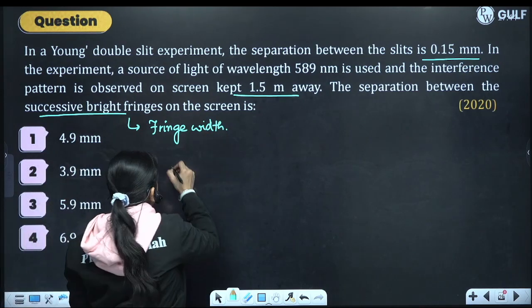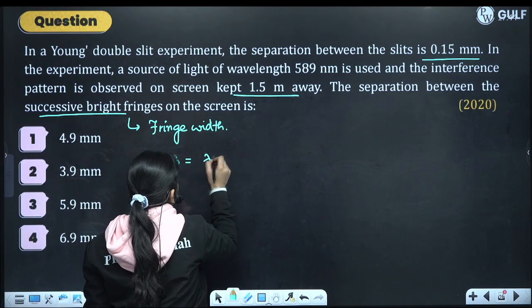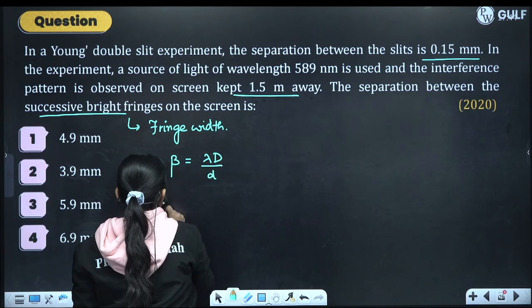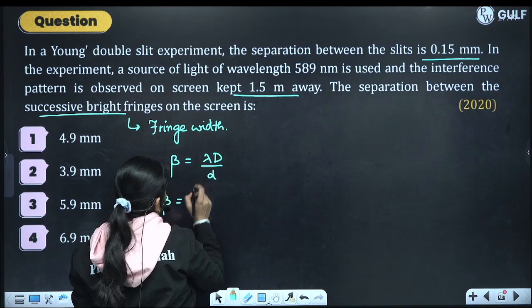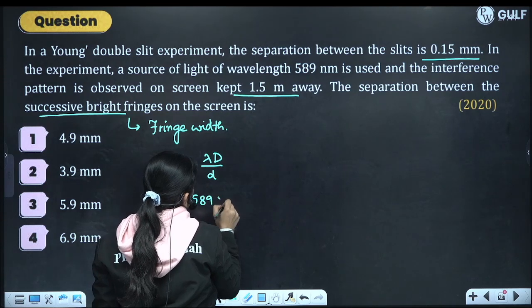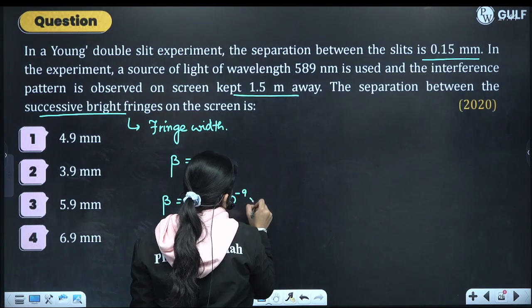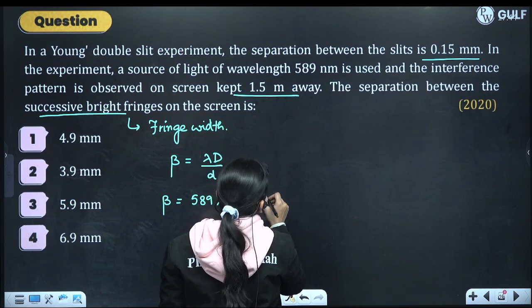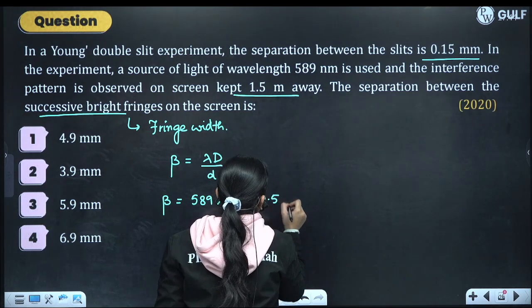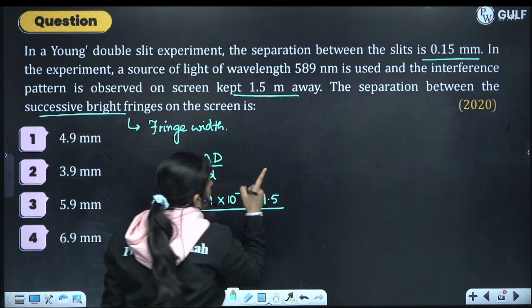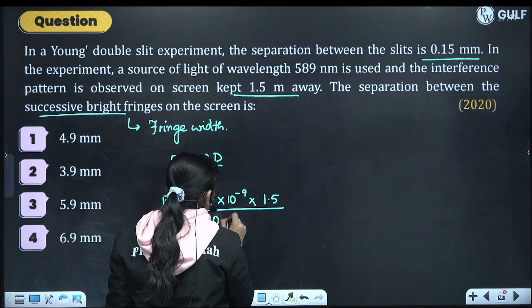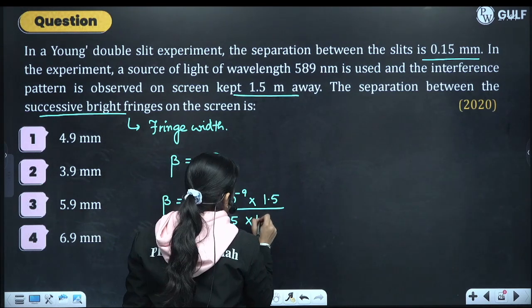Because we have to find successive bright fringes, beta is equal to lambda D by d. Substituting, 589 nanometers is 589 into 10 to the power minus 9, into D which is 1.5 meters, divided by 0.15 millimeter.